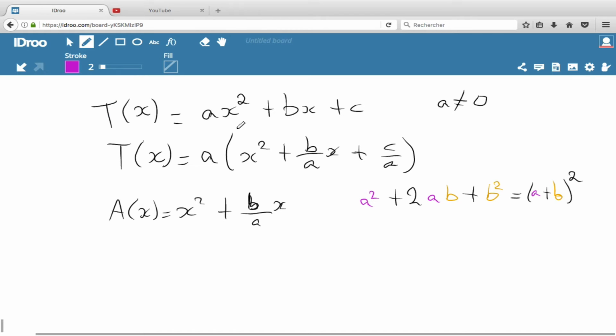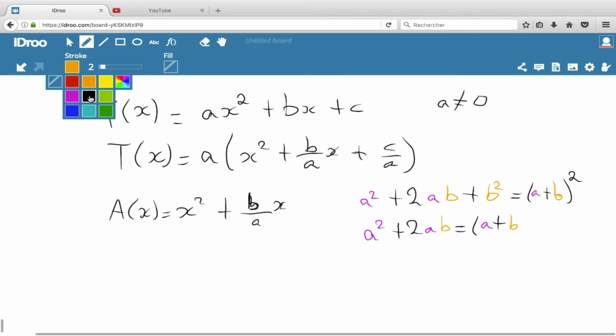So let's make some calculation. If we say just this part, we can say we have this minus b squared, because this guy will come here.